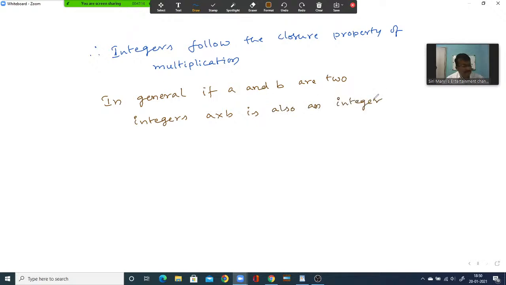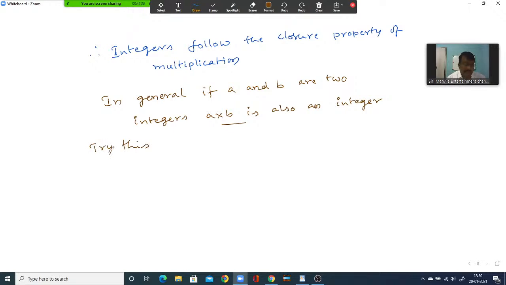That's it. So integers satisfy the closure property under multiplication. అది చెప్పొచ్చు.